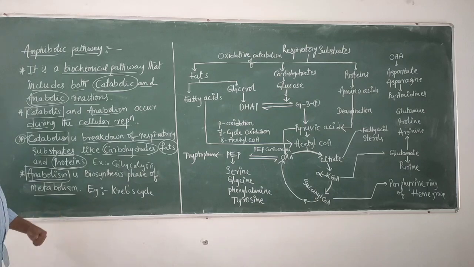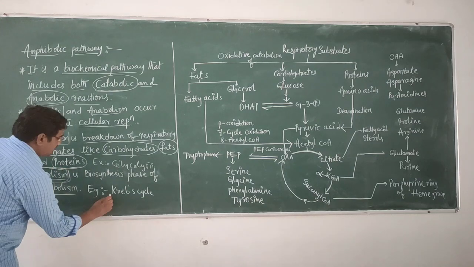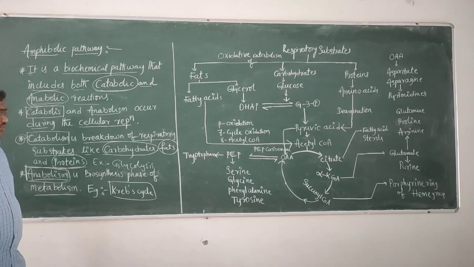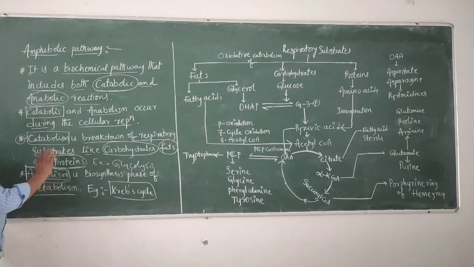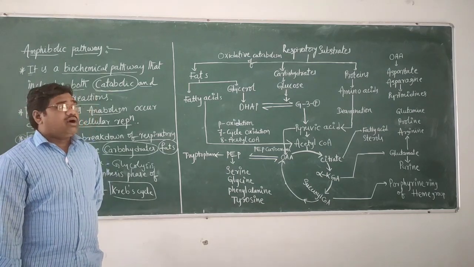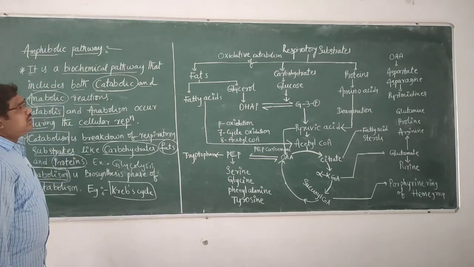What is an example of anabolism? The best example for anabolism is the Krebs cycle. These are the basic concepts about the amphibolic pathway, a biochemical pathway that includes both catabolic and anabolic reactions.